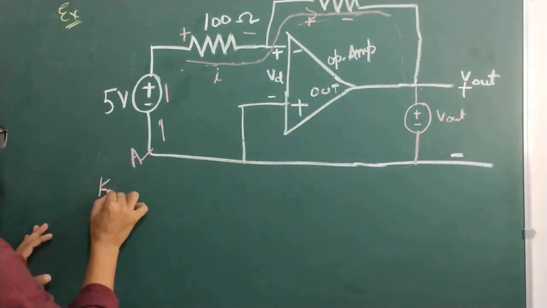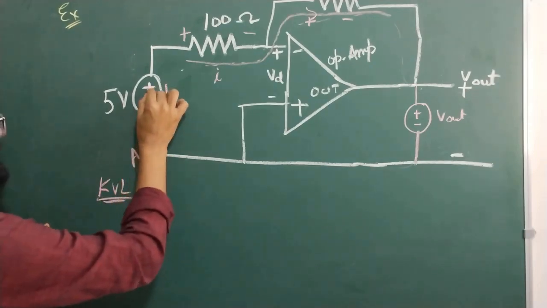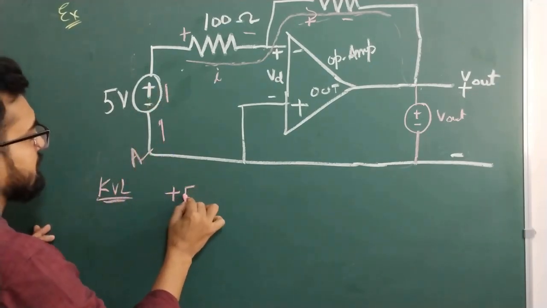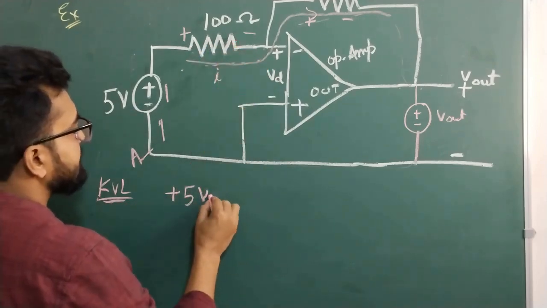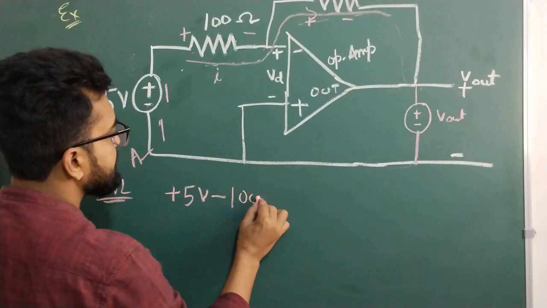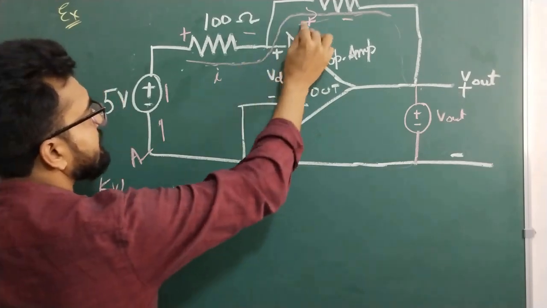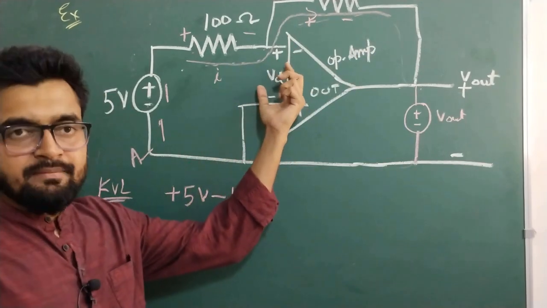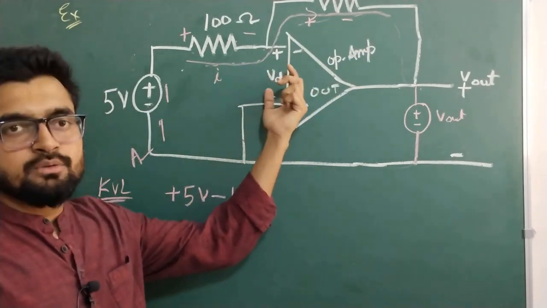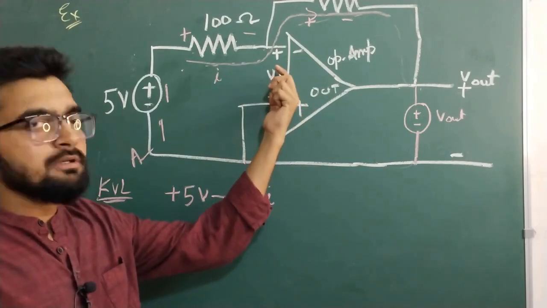Let's write down the KVL now. Minus to plus is plus, so plus 5 volt. Here plus to minus is minus, so minus 100 times current I. The same current passes through it because it's given in the question that no current passes through the input terminals, and VD is also 0.